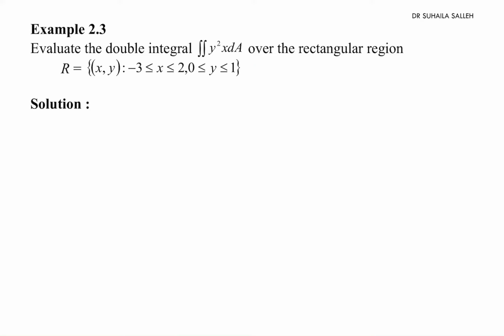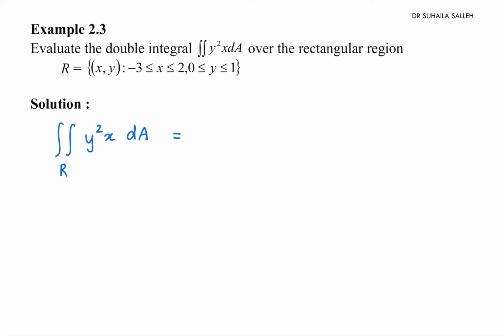Now, let's do our integration here. So the question is, we integrate y squared x dA over the region R. So now you have to state your order of integration.